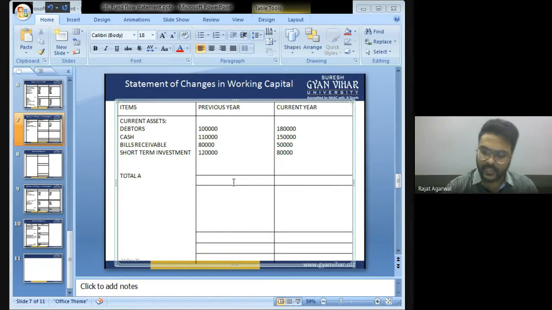Total is 4,10,000. Then 1,80,000 plus 1,50,000 plus 50,000 plus 80,000. Total is 4,60,000.